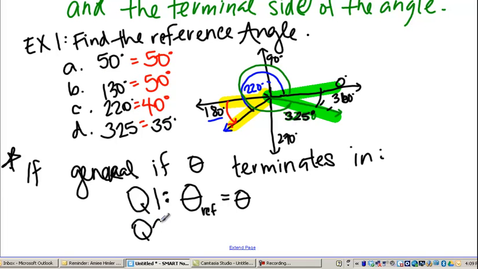In quadrant 2, what do you think we got? 130 was in quadrant 2, but 50 was our reference angle. Our reference angle is 180 minus theta.